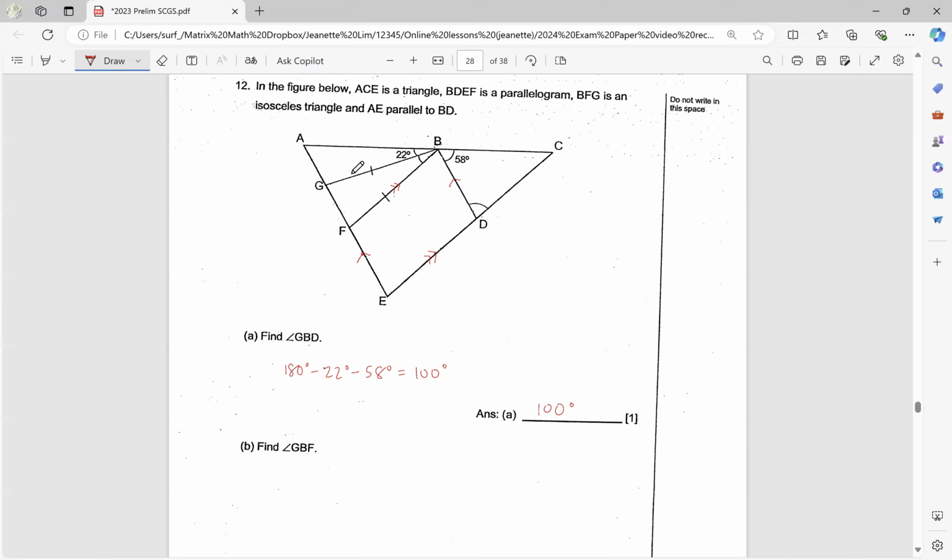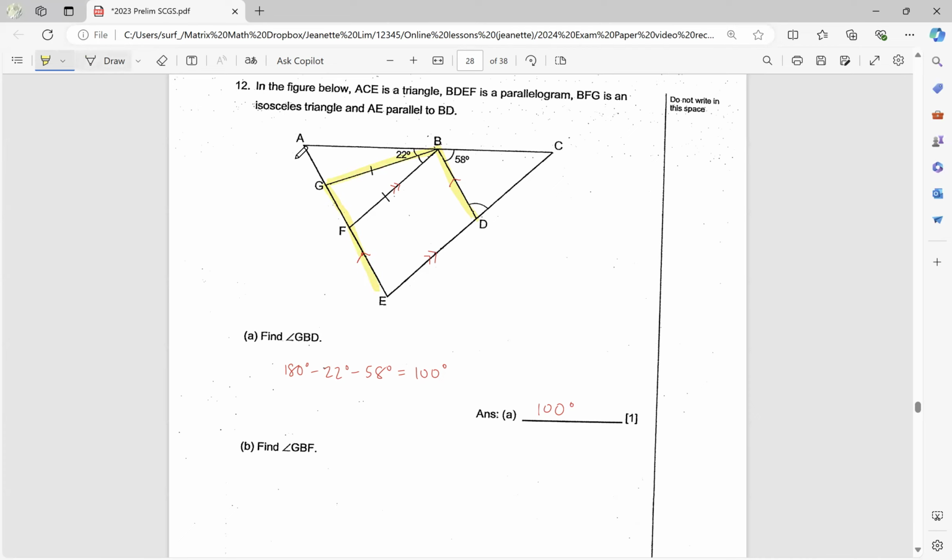Okay, so to find GBF, what do we need to find first? If I have an isosceles triangle here, right, if I can find BGF, this angle here, that is technically the same as this because it's isosceles, then I can find GBF. So how do I find BGF? I have parallel lines.